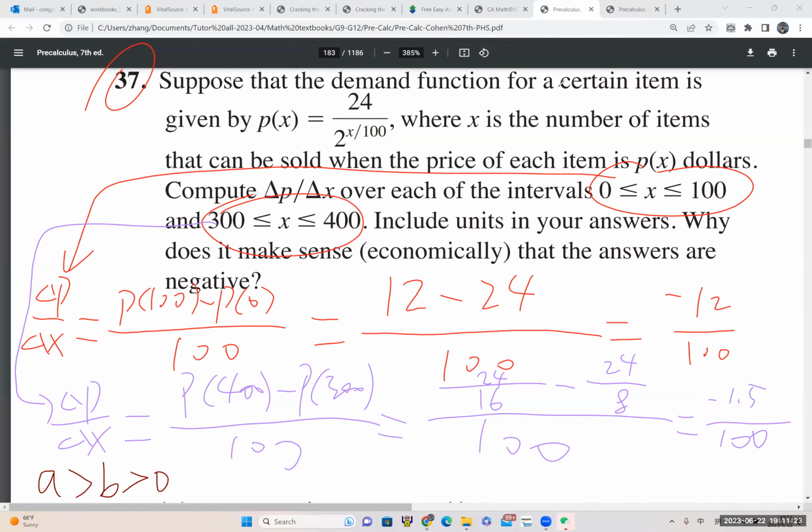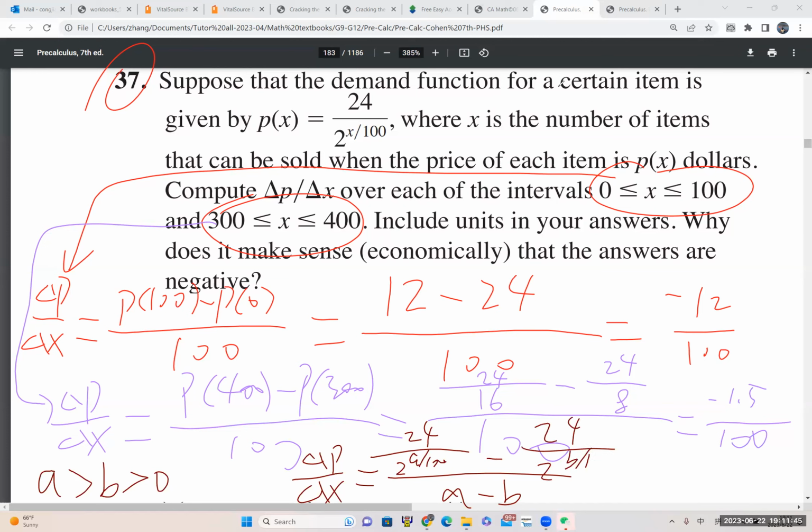Then we have delta P over delta X equal to 24 to the A over 100, minus 24 to the B over 100, right?